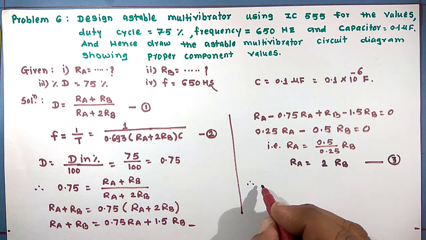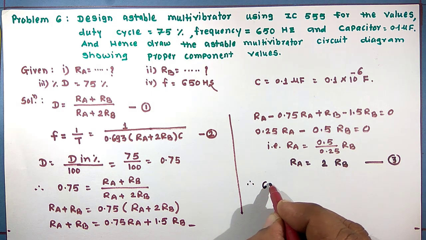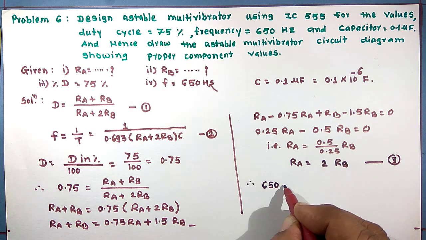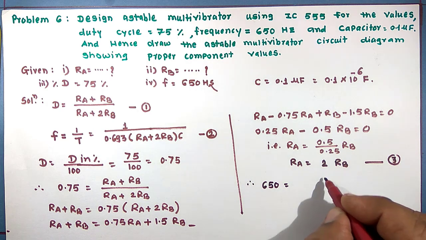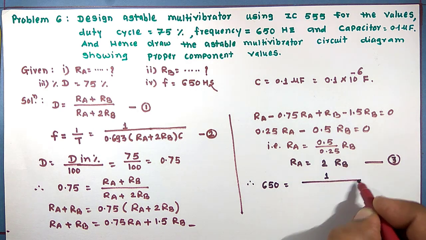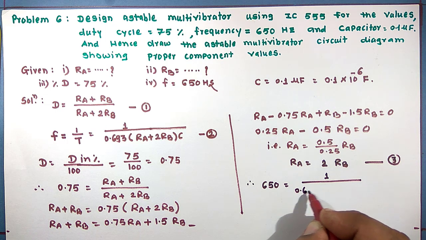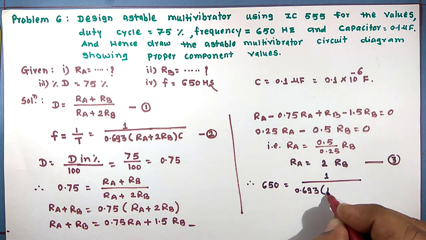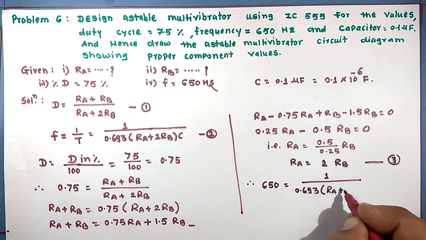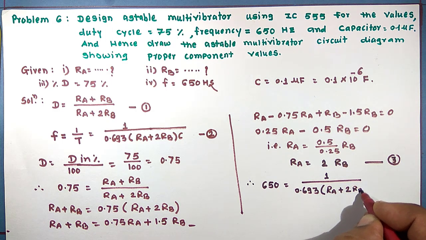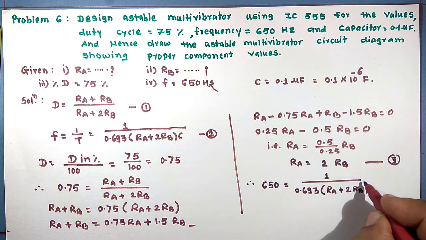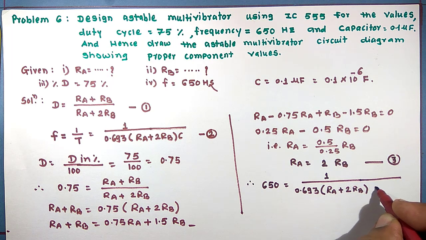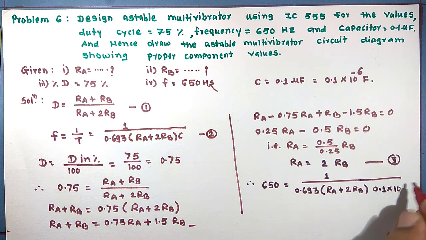Hence, F is 650 Hertz equal to 1 divided by 0.693 into RA plus 2RB into 0.1 into 10 raised to minus 6.